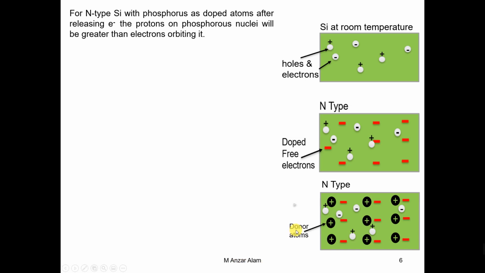So these are the donor atoms, here in this case, phosphorus. Phosphorus releases one free electron, and in consequence of this, it establishes a positive charge. Hope you understand this one. So this is the real figure of the N-type material. It's not exactly the real figure, but it is approximately.